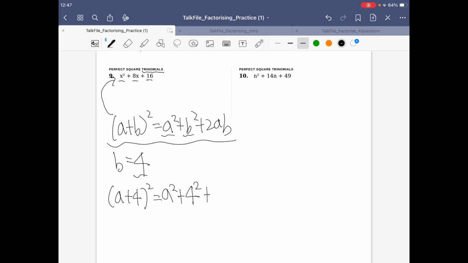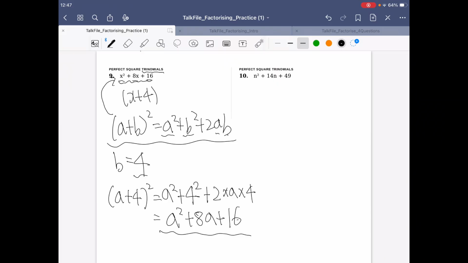And then 2ab will become 2 times a times 4. So this will look like a squared plus 8a plus 16. If you have a look at this one, then this is just x plus 4 squared.